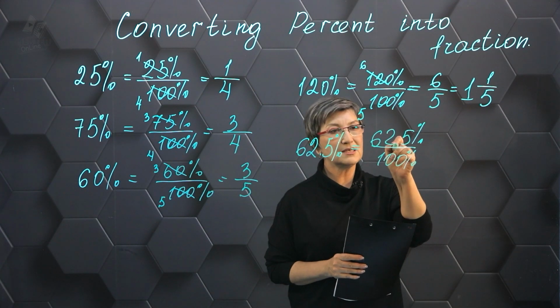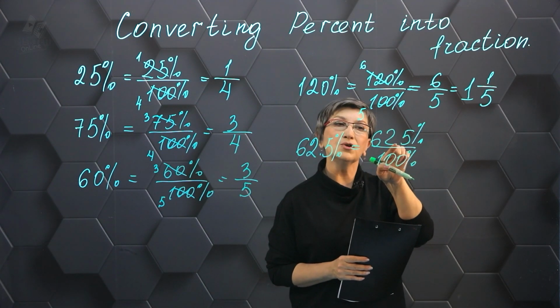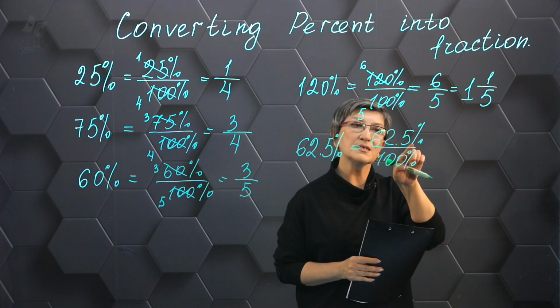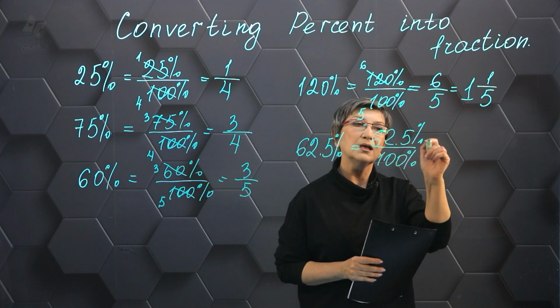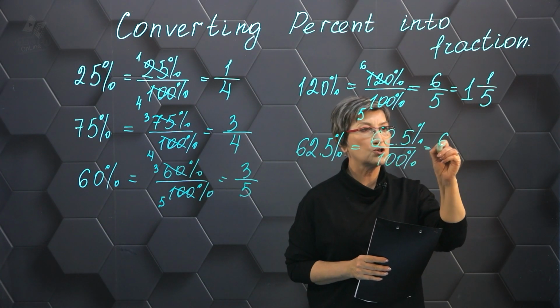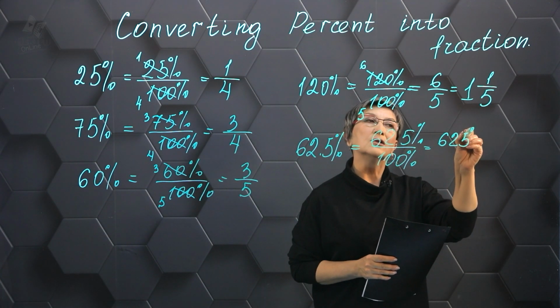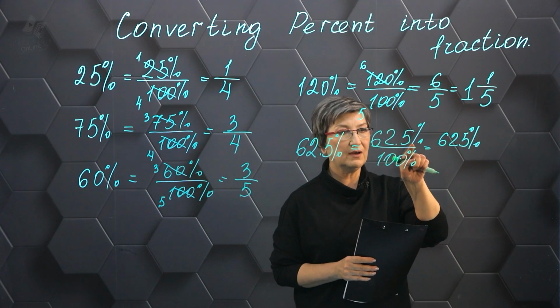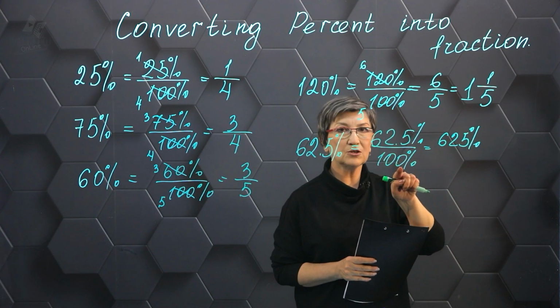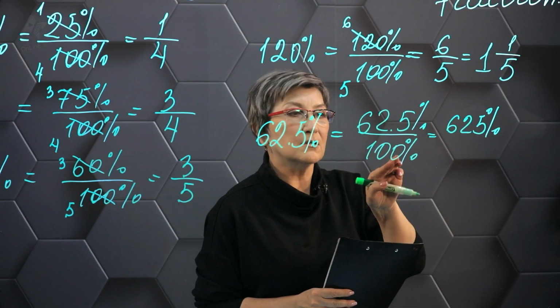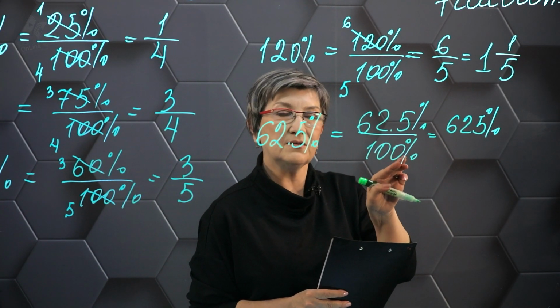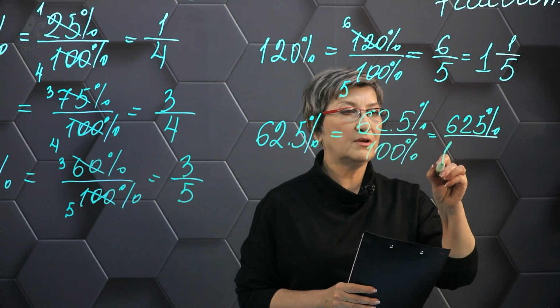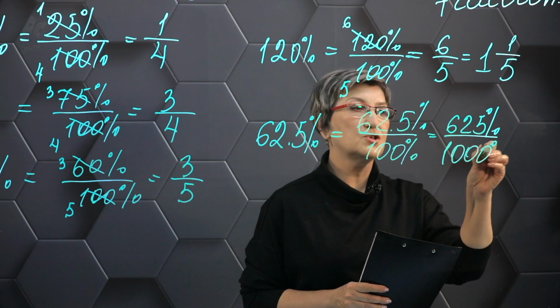In the numerator, we are hindered by this decimal point. I can move it one position to the right, and the result is 625. But if I move the decimal point to the right, I have to move it in the denominator too, but I don't have any more digits to move. So I add a 0, and I get 625 thousandths.